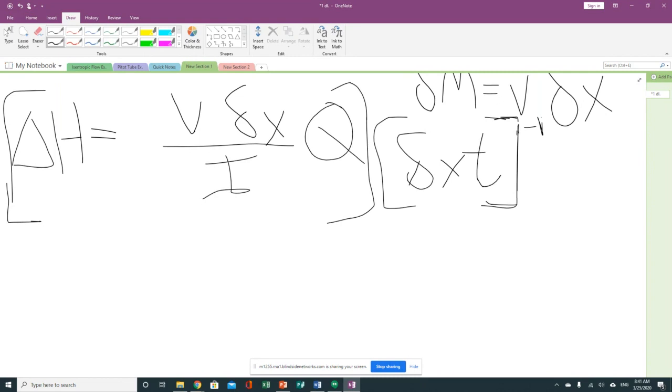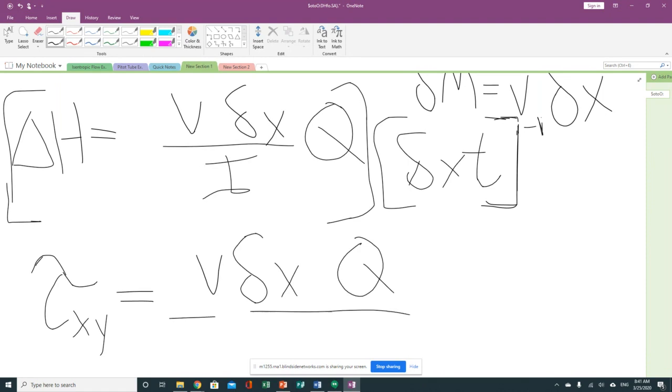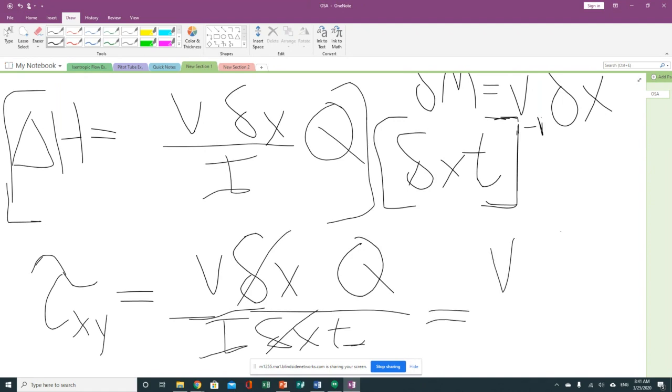That'll give me a shear stress on this left-hand side. And conveniently, it cancels out that dx on the right-hand side, leaving my shear stress expression as VQ over It.